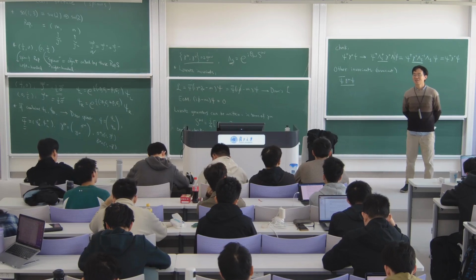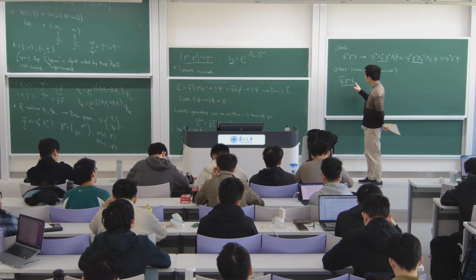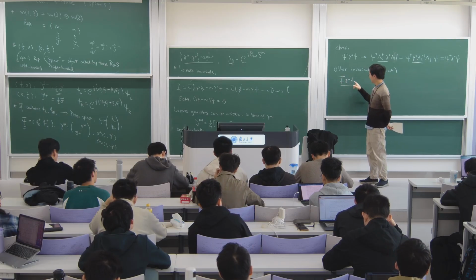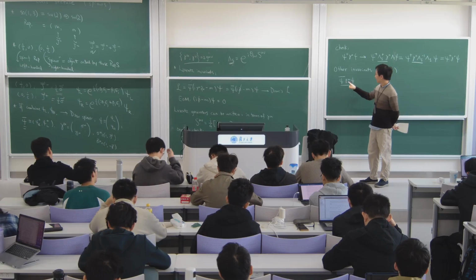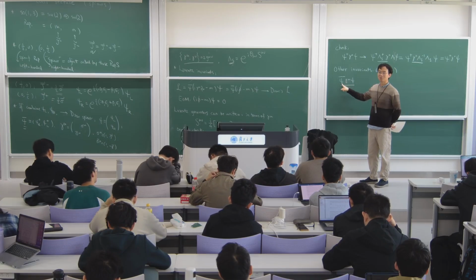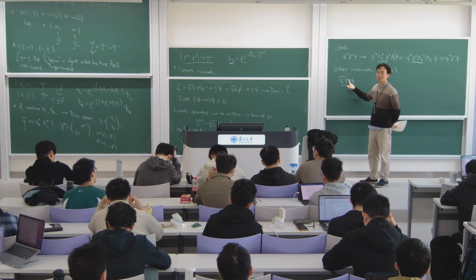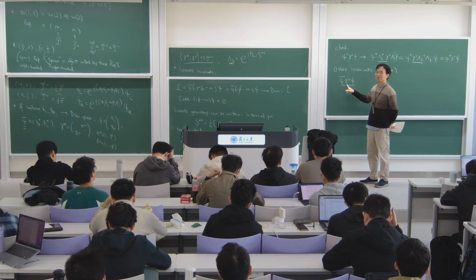So this is a brief notation you should always keep in mind. This object has 4 components. This also has 4 components, but with a transpose. And this is a 4x4 matrix for each mu. Mu can run, but for each mu it is already a 4x4 matrix.